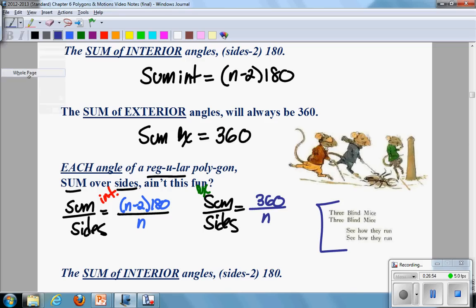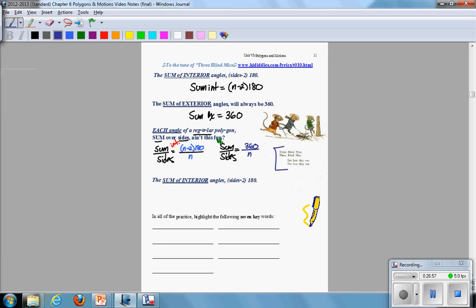The buzzwords are this: sum, interior, exterior, regular, is, which is an equal sign, and any to-be verbs such as are, was, were, always equal signs.